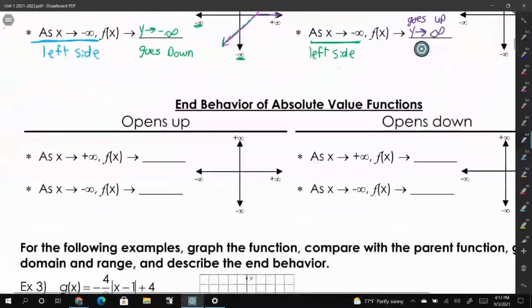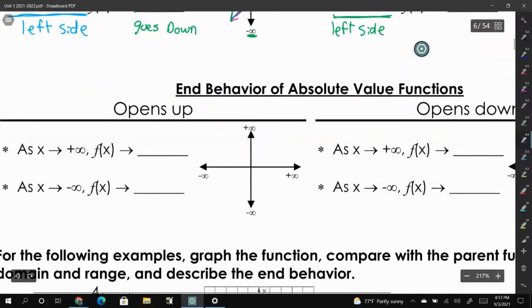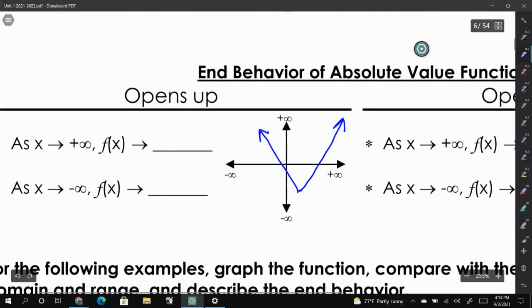Now, what you may have noticed about the absolute value functions is that those ends go in the same direction. If you have a v, the v is opened upwards, or the v is opened downwards. If our absolute value function is opened upwards, it will look like this. And you can see that the left and right side are both going up.